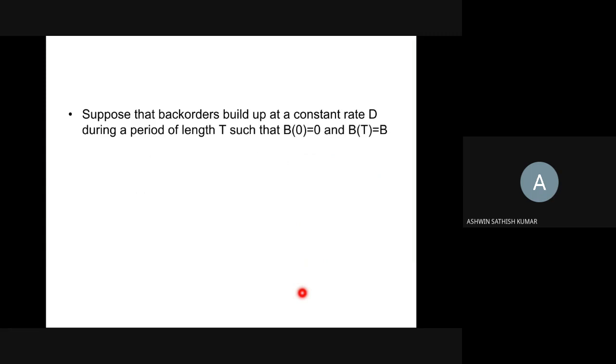Suppose that the back order builds up at the constant rate D, because with the demand only we have the shortages. So the back order is built up with a constant demand that is given to you, that is dB/dt is equal to D. It is constant.